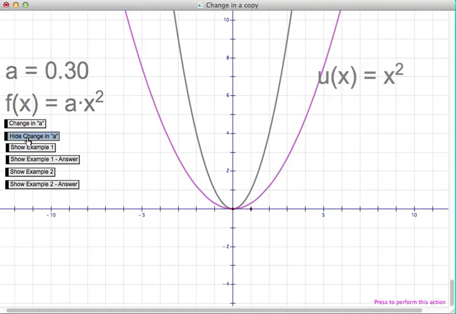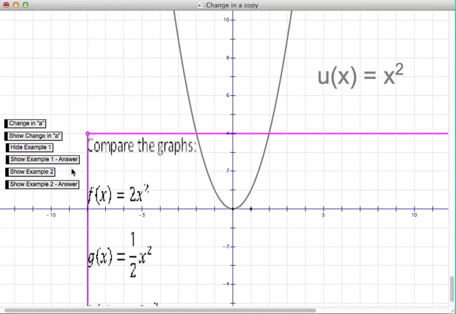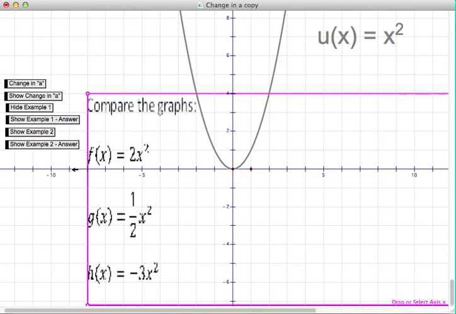Now, let's look at those graphs. We're going to compare the graphs of 2x squared, 1/2 x squared, and negative 3x squared to talk about which one is wider and which one is narrower. From what we just talked about and what you just saw in that explanation, the greater the a value, the bigger that number is, the more skinny, the more narrow it is.